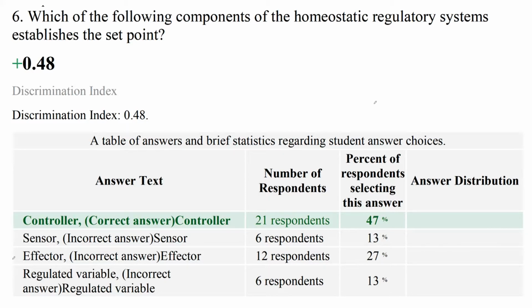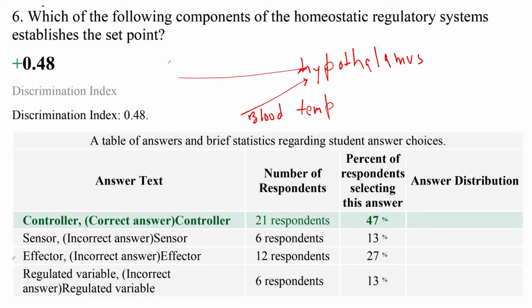Because, for example, let's imagine that we are analyzing the temperature control. We have the control center, that is the hypothalamus, the hypothalamic temperature control center. The hypothalamus monitors directly the temperature of the blood in the brain, and also receives information from sensors in the skin.